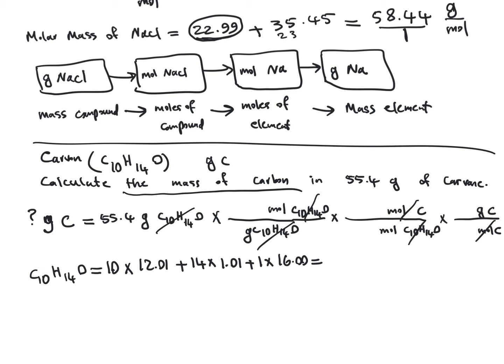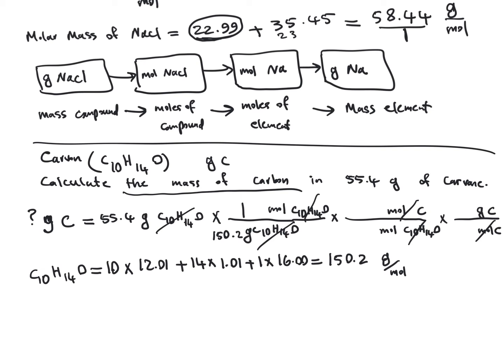And then after doing this, we have 10 multiplied by 12.01, and so on. It would be 150.2 grams per mole. So here, for 1 mole of C10H14O, I have 150.2 grams.